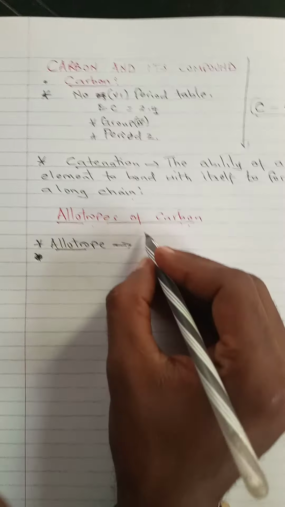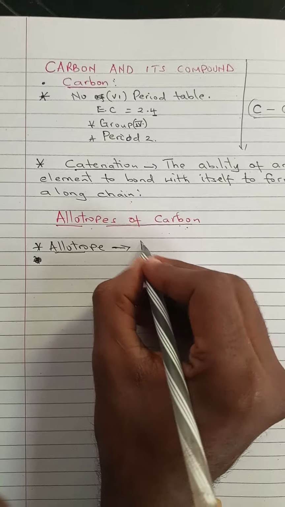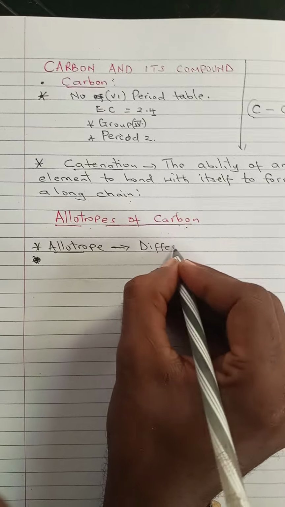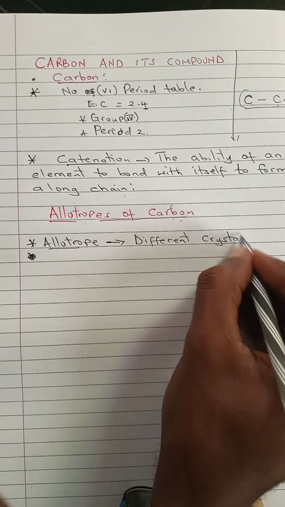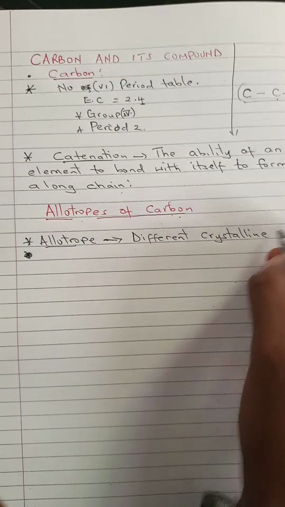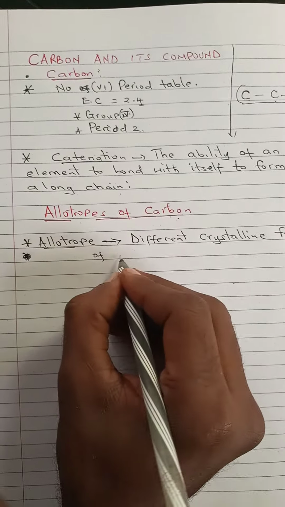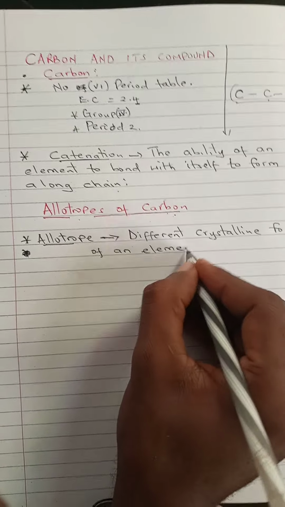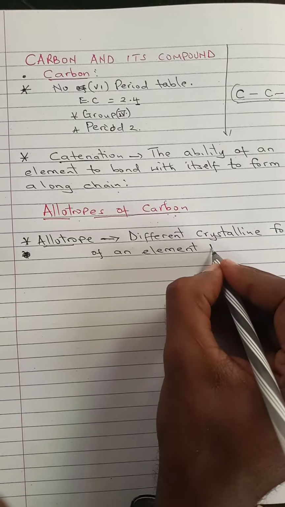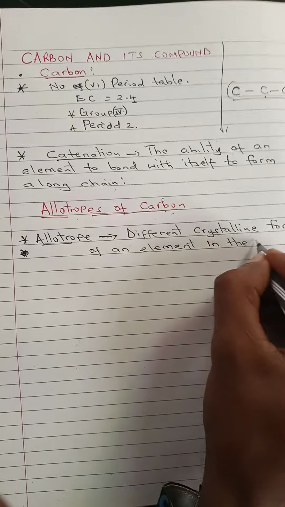In defining this, we can say allotropes are different crystalline forms of an element in the same physical state.